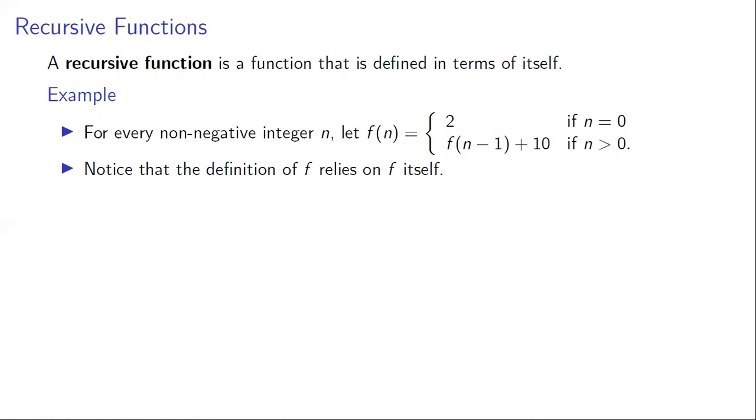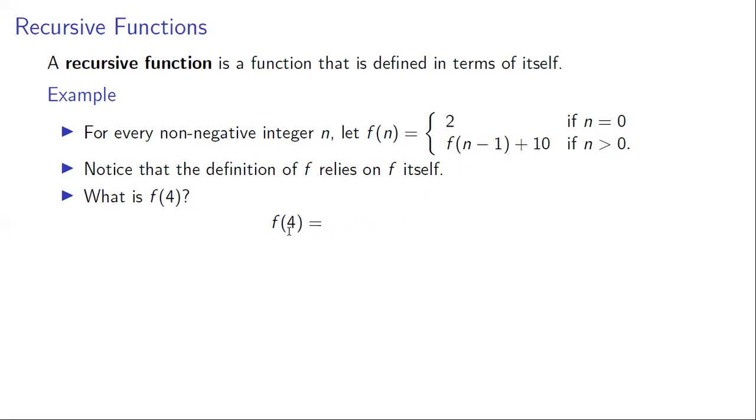Let's just see how we can use a recursive function. So what is f of 4, for example? Usually when you have a function and you want to know what is f of 4, you just plug 4 into the function. But here it's not so simple because it's a recursive function. So let's follow the definition of f. We know that f of n is equal to f of n minus 1 plus 10.